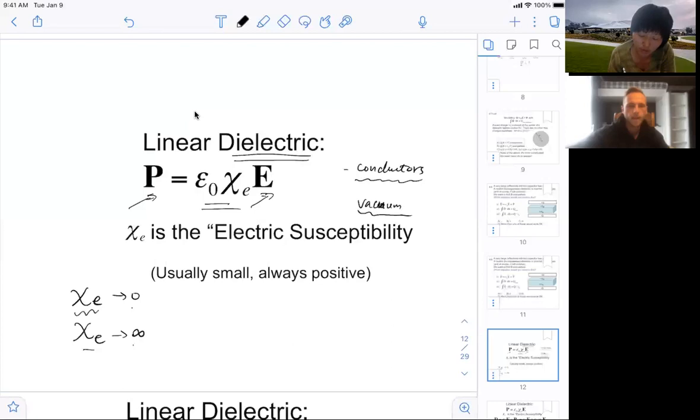I'll tell you, each one of them corresponds to each of these limits. So which one is which? Vacuum is very hard to polarize. For a conductor, wouldn't electric susceptibility be really high? Yeah, and why would that be?